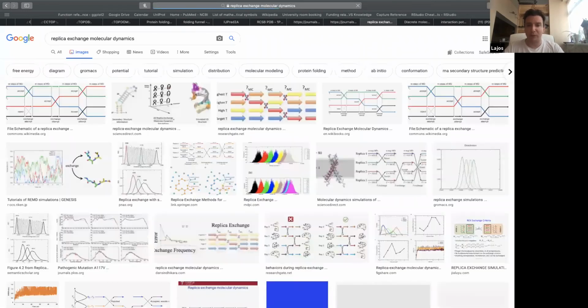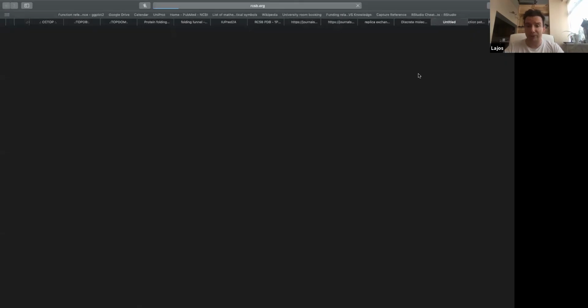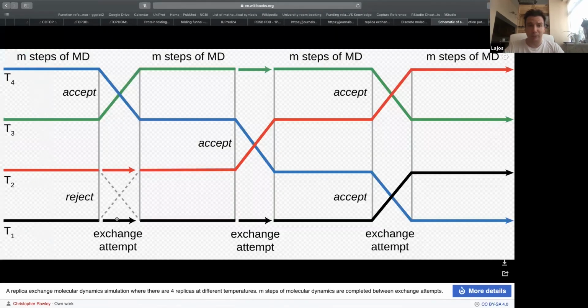So instead of having one molecule in one environment, you are starting with multiple molecules in multiple environments. And the multiple environments are usually simply multiple temperatures. So in this figure, on the left-hand side, it starts with T1, T2, T3, and T4. Usually T1 is a bit cold, T2, for example, should be a body temperature, and T3 and T4 are some higher temperatures.